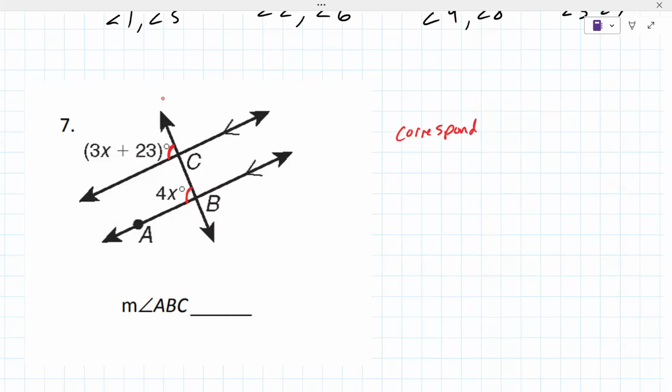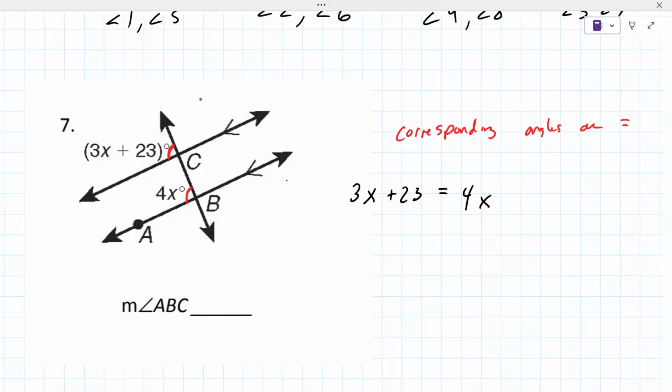They're in the same relative position to one another, and corresponding angles have the same degrees. So you write an equation: 3x plus 23 equals 4x. Could you solve this equation for us, please?